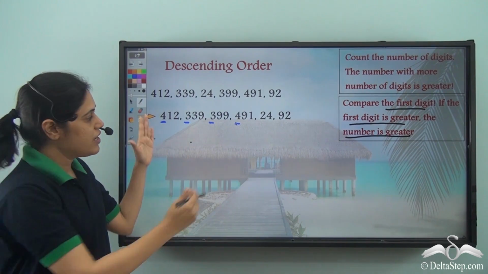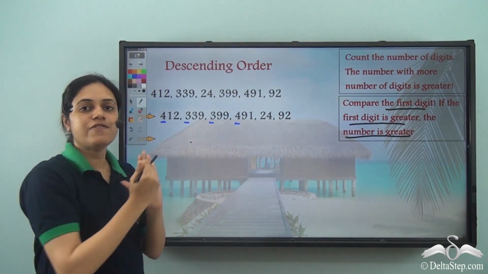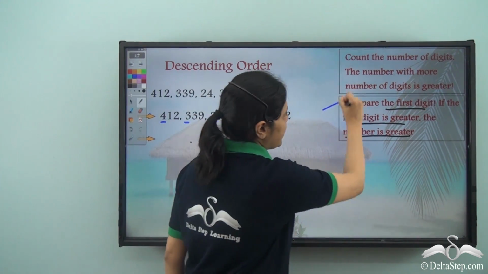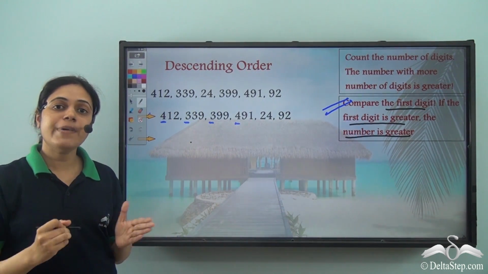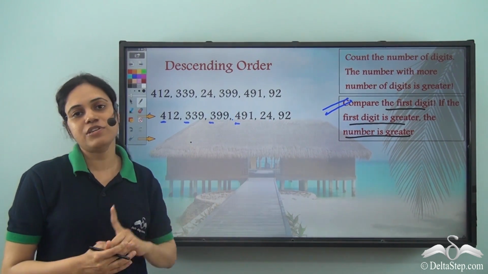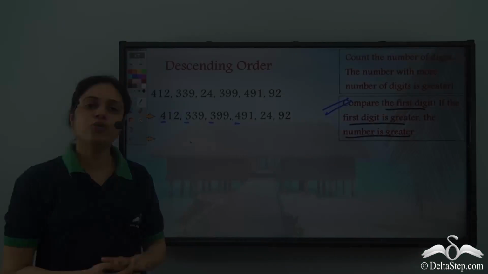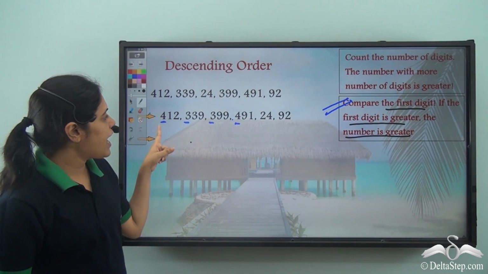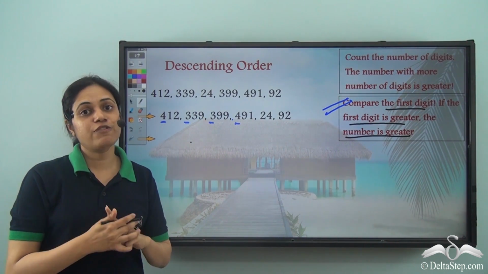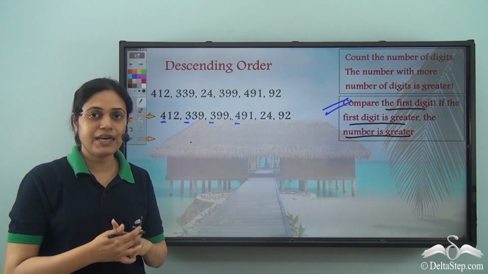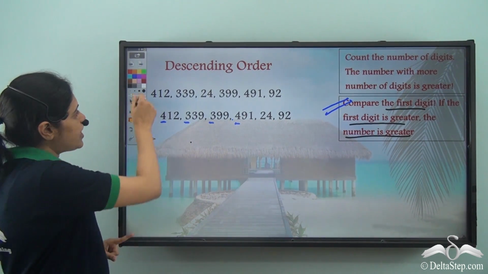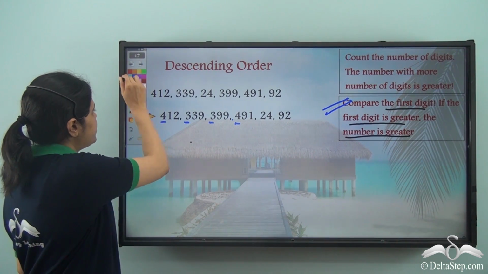Observe that I am only comparing the first digits of the 3-digit numbers, because this applies only when the number of digits are equal. I cannot compare the first digit of this with the first digit of this, because these are 2-digit numbers. So I have my first digits as 3 and 4. Now the numbers with 4 as the first digit will be greater than the numbers with 3 as the first digit. So let us write the numbers with 4 as first digit first.